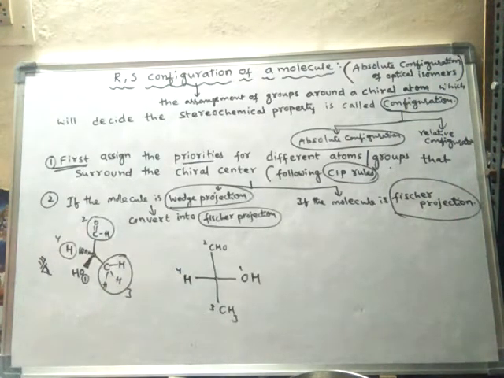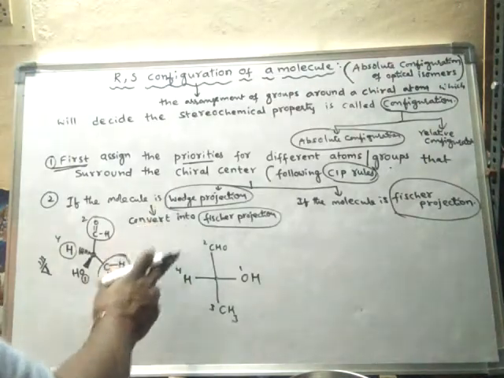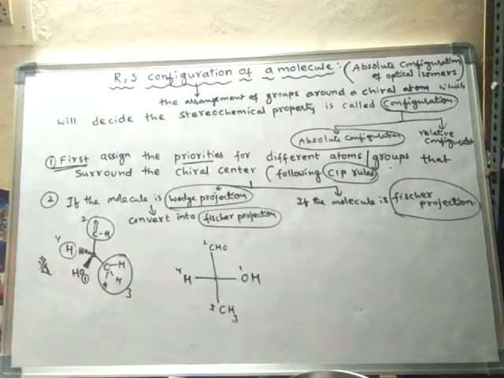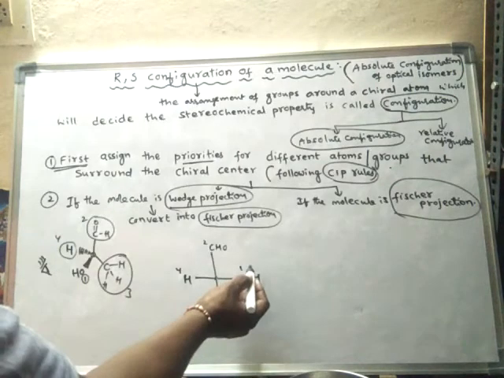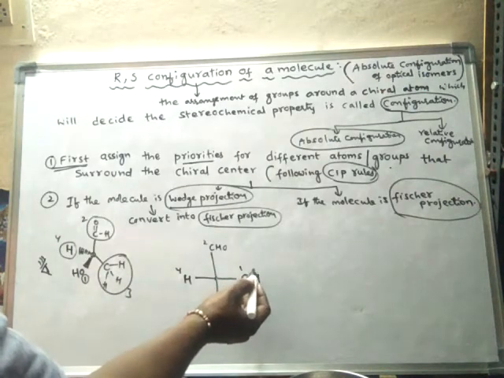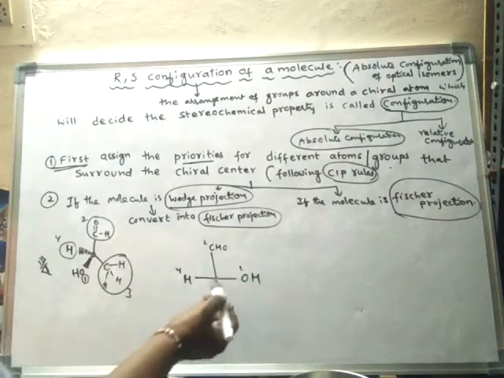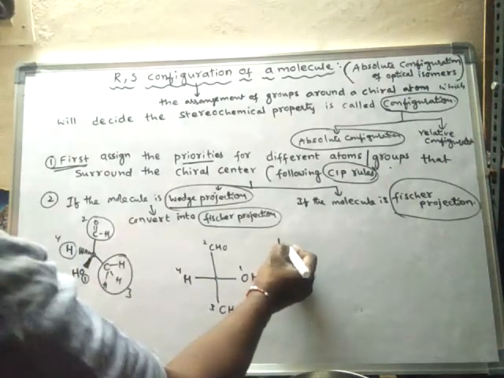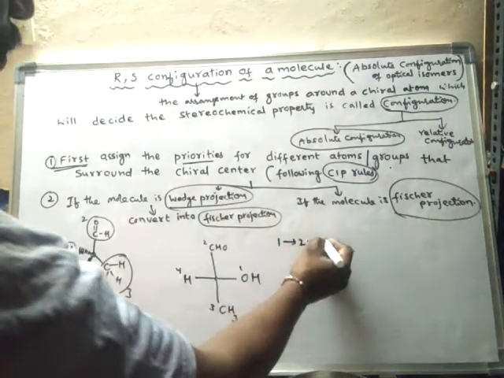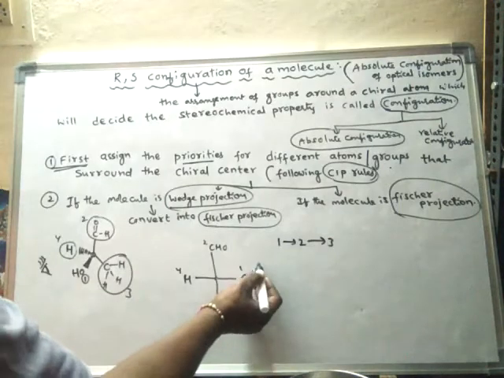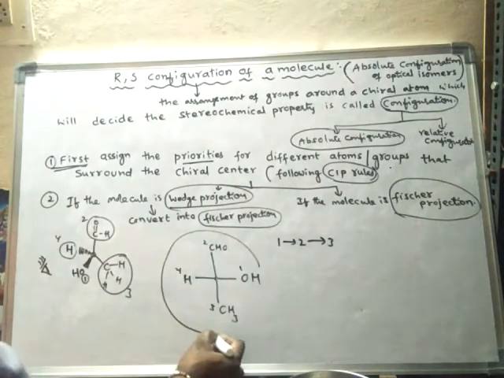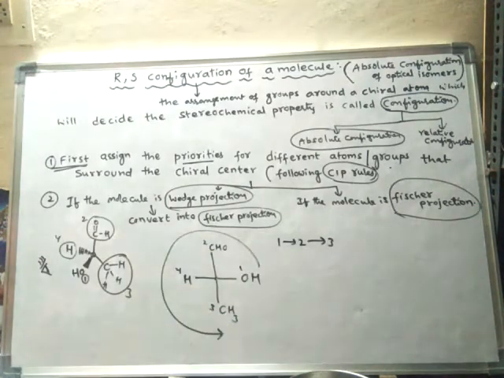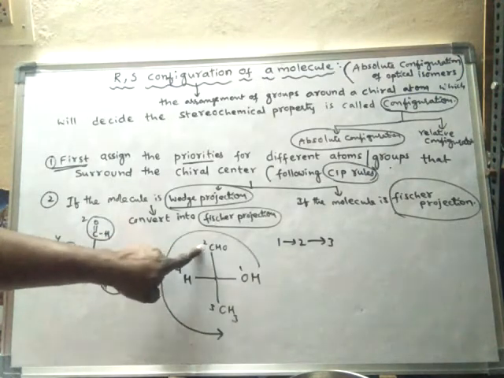Okay, now after conversion of the wedge projection into Fischer projection, we have to go in the direction starting from 1 to 2 and from 2 to 3. So we have to draw an arrow like this, from 1 to 2 and 2 to 3.